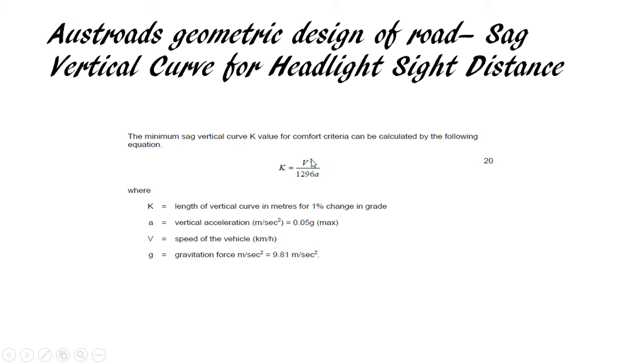If you put in the 50 km/h speed limit from our earlier example, it is 50 squared divided by 1296 times a, which is 0.05 times 9.81. The k value comes to a minimum of about 3 or 4 if you calculate it yourself. So k defines the length of the vertical curve in meters.